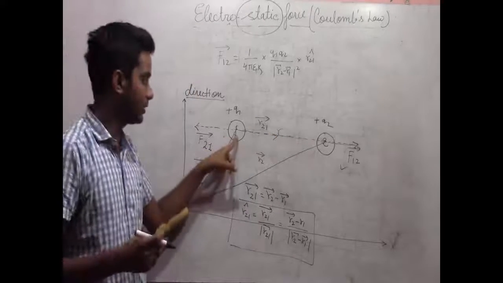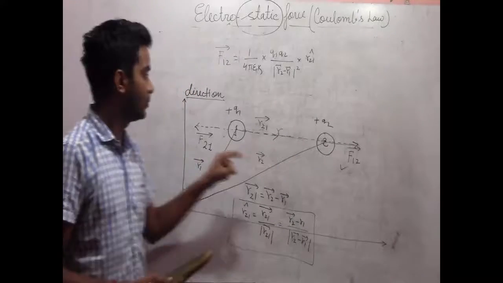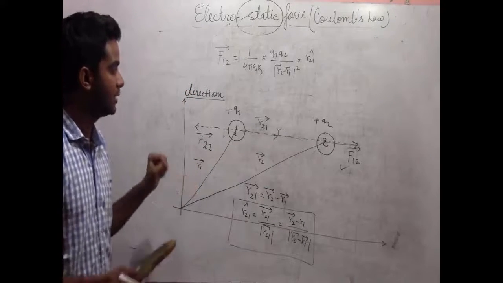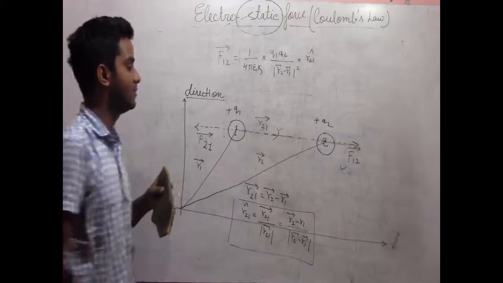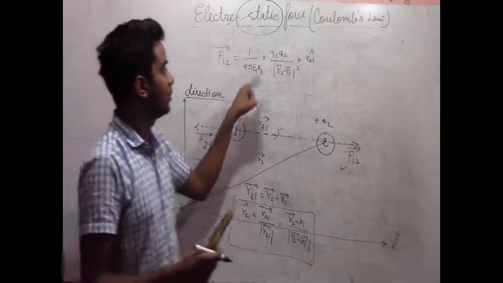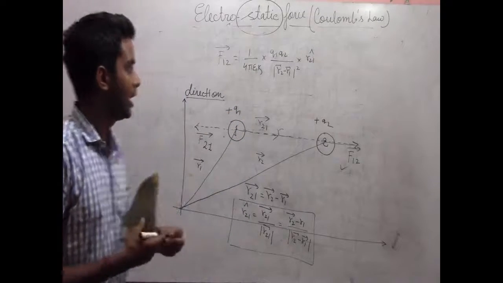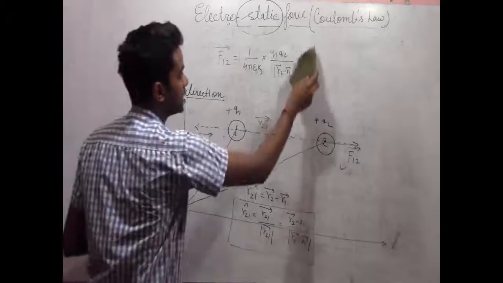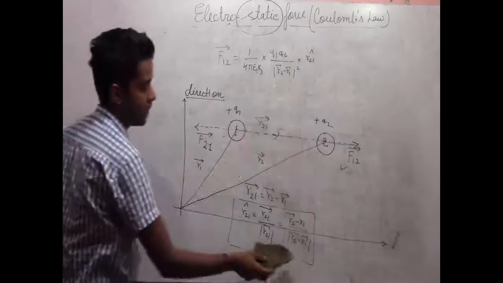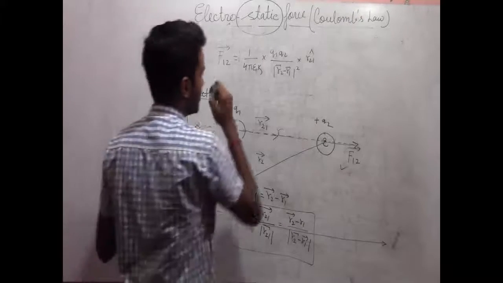If you know the position vector of charge 1 and the position vector of charge 2, then you may just calculate the distance between the charges. This is your vector r21. It becomes mod of vector r2 minus vector r1 squared. And you know it very well what r cap is: r21 cap. Now you may just extend it.